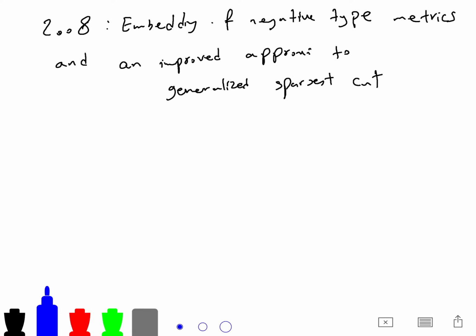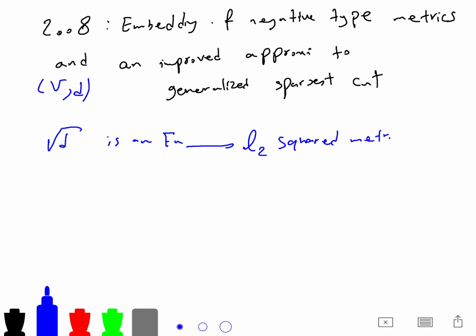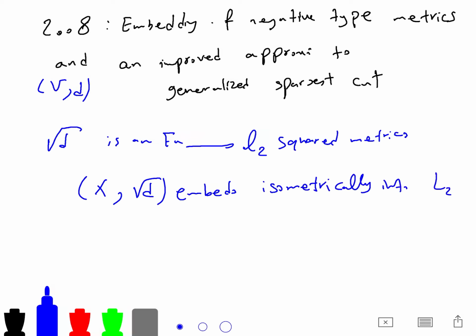When I say negative type metric, we mean that we have vertices V and a metric D, and if the root of D is a Euclidean metric, meaning an L2 squared metric, then the space X and the root of D embed isometrically into L2.